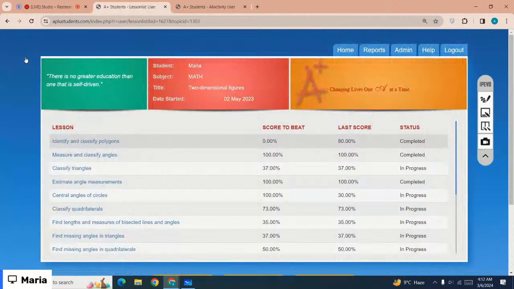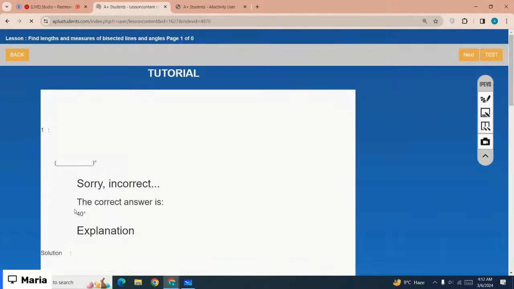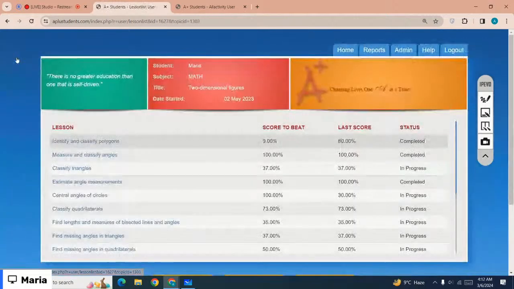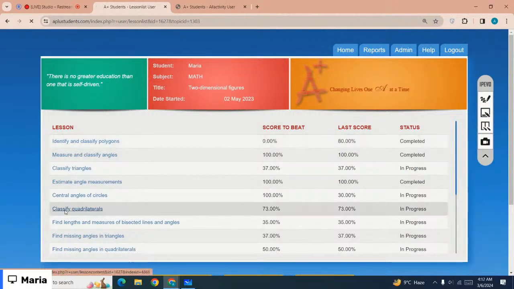The next lesson is classify quadrilaterals. Okay, here is classify quadrilaterals.